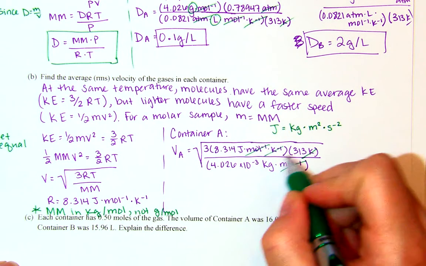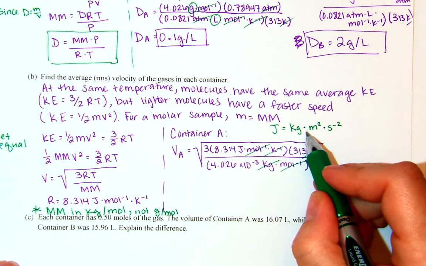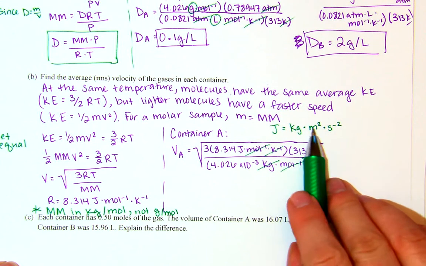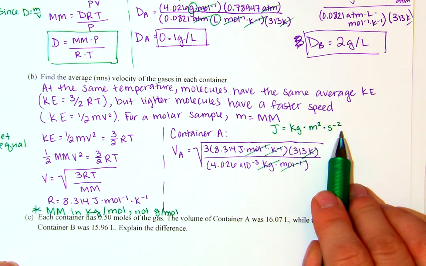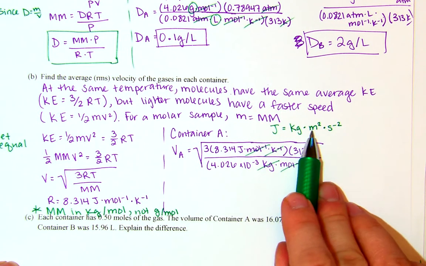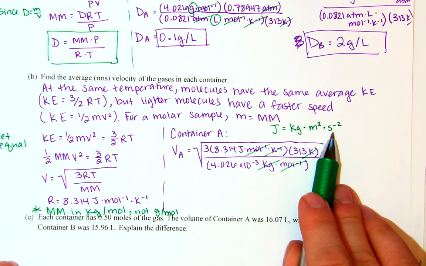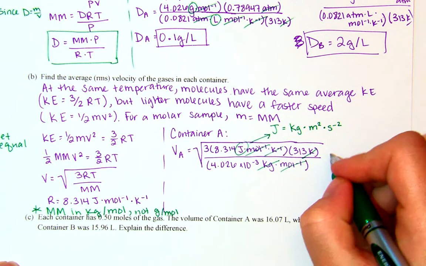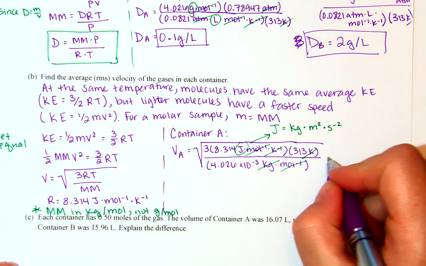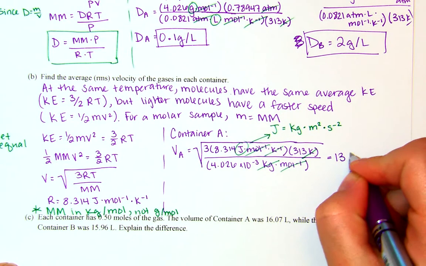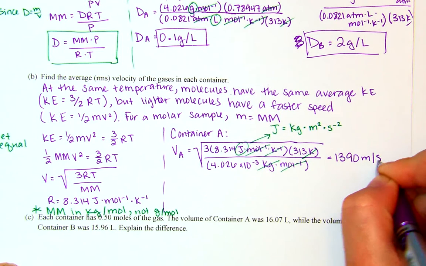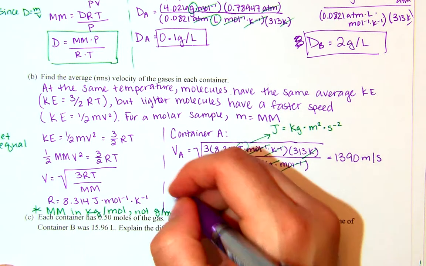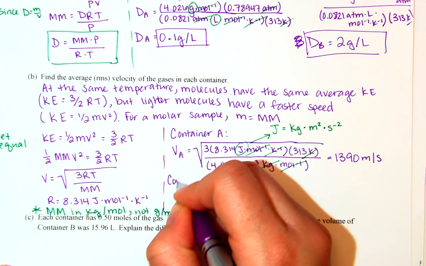So our kilograms end up canceling out our kilograms here. And then you have meter squared over second squared. Take the square root of that and you end up in meters per second. So your answer ends up being 1390 meters per second. Okay, so that's container A. Let's do container B.